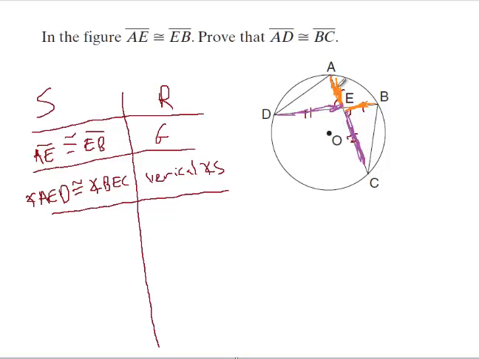Well, if the orange segments are equal to each other, then the only way the product is going to be equal is if the purple segments are equal to each other as well. And because of that, we've got side angle side is congruent to side angle side, so we can get the triangles AED and BEC, and once we do that, then we can get BC and AD via corresponding parts.